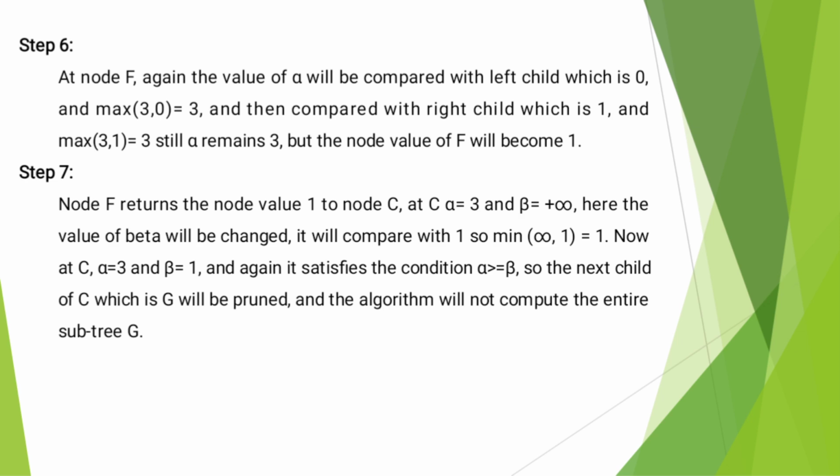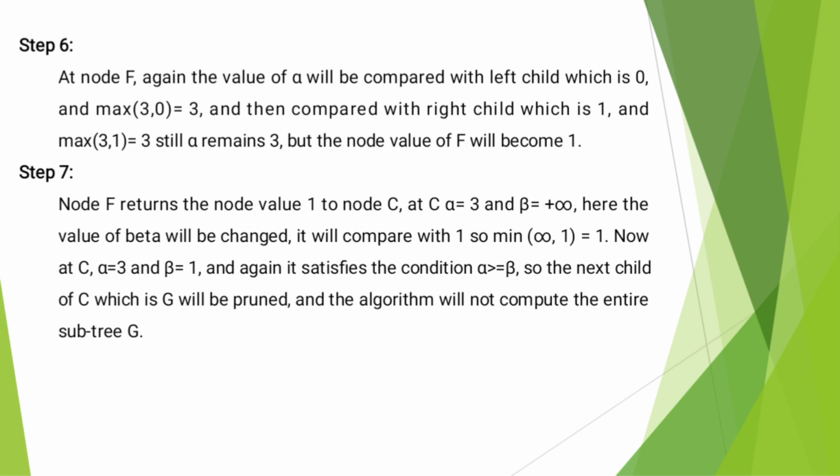At C, alpha is equal to 3 and beta is equal to plus infinity. Here the value of beta will be changed. It will be compared with 1. So minimum of plus infinity comma 1 is equal to 1. Now at node C, alpha is equal to 3 and beta is equal to 1. Again it satisfies the condition alpha greater than or equal to beta.